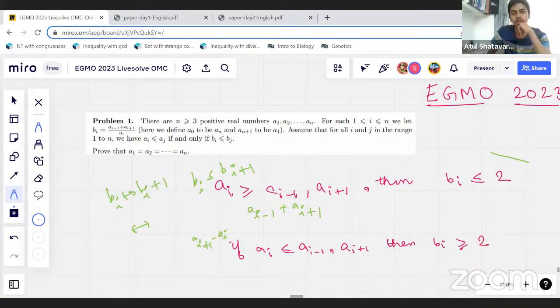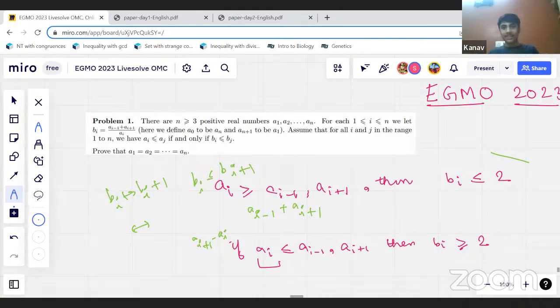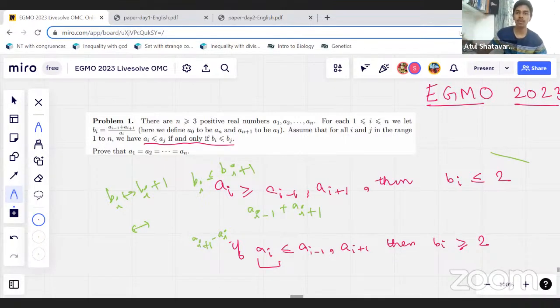Wait, this is also sort of weird, no? Because if a_i is large compared to small stuff, then b_i is big, but it's telling us to assume that a_i and b_i are in the same order of increasingness. Imagine we just use Chebyshev and get equality everywhere. Wait, what if you just pick a_i maximum and a_i minimum?